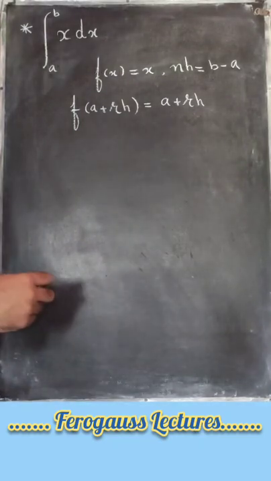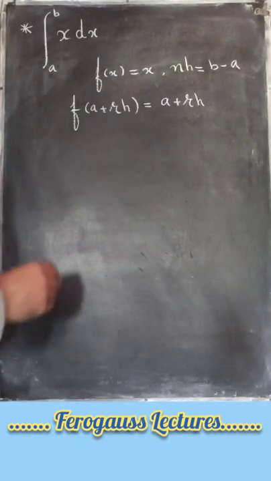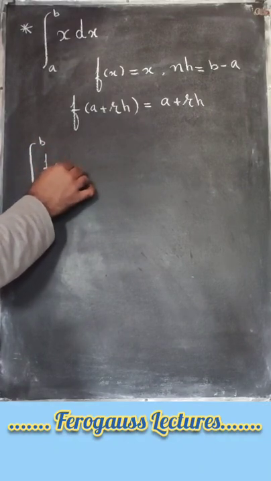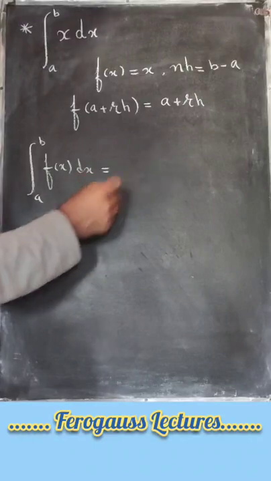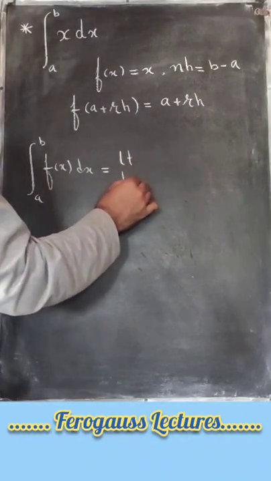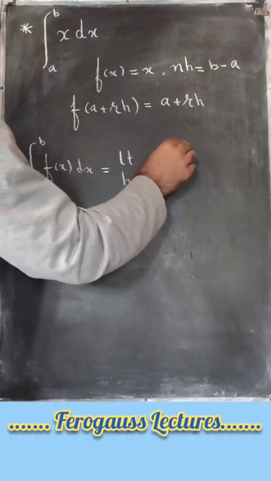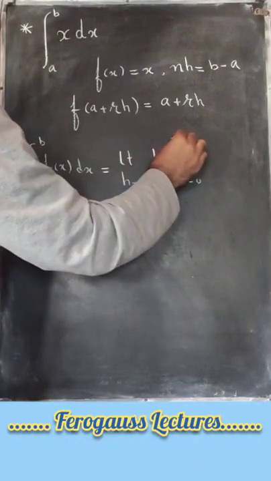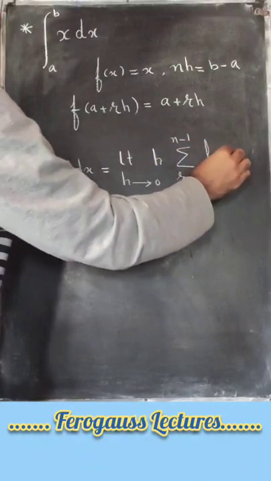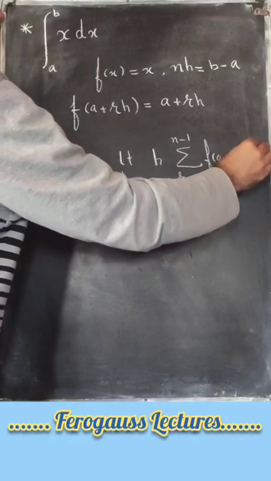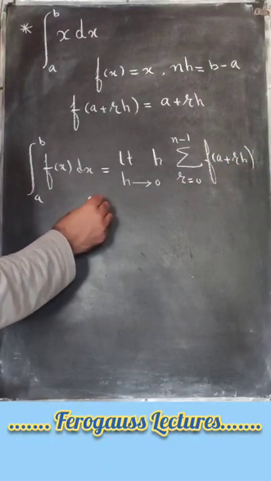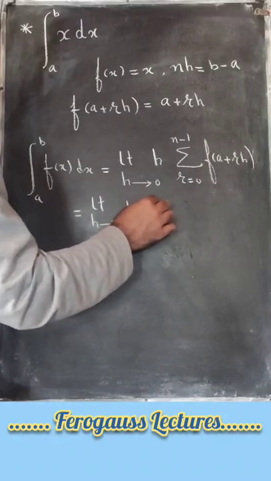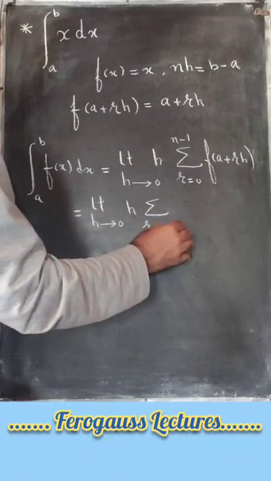From the definition of definite integral as the limit of a sum, we can write integral a to b f(x) dx is equal to limit h tends to 0 of h times summation r running from 0 to n minus 1 of f of a plus rh, or that is equal to limit h tends to 0 of h times summation r running from 0 to n minus 1.